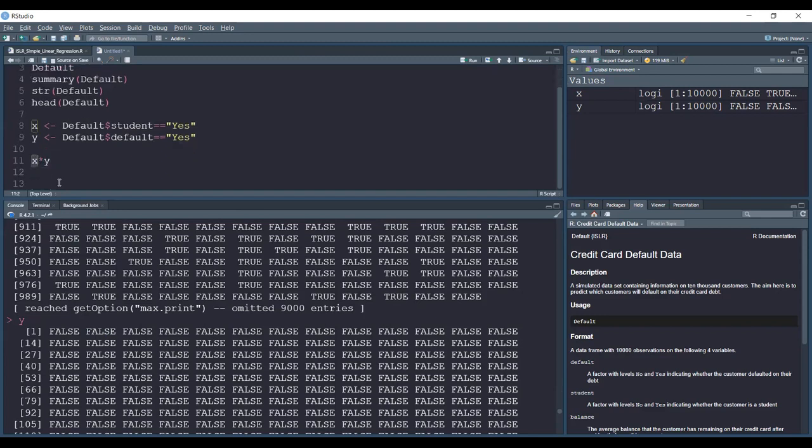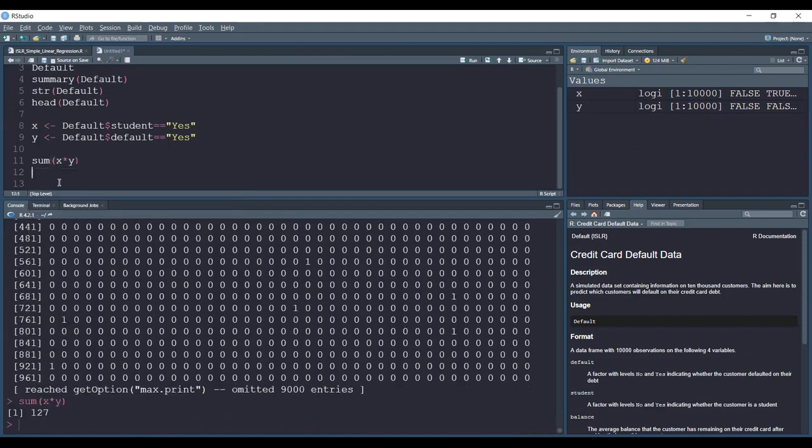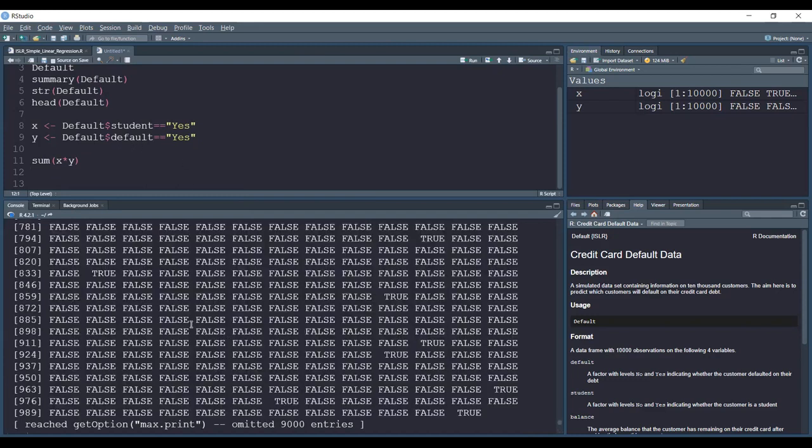If you've ever seen logic tables, you only get a true statement if you give it two true statements. So if I do this and I sum, there's 1, 2, 7. I know it's a very convoluted way of doing it, but these are in actual fact all those observations that are student yes and default yes.